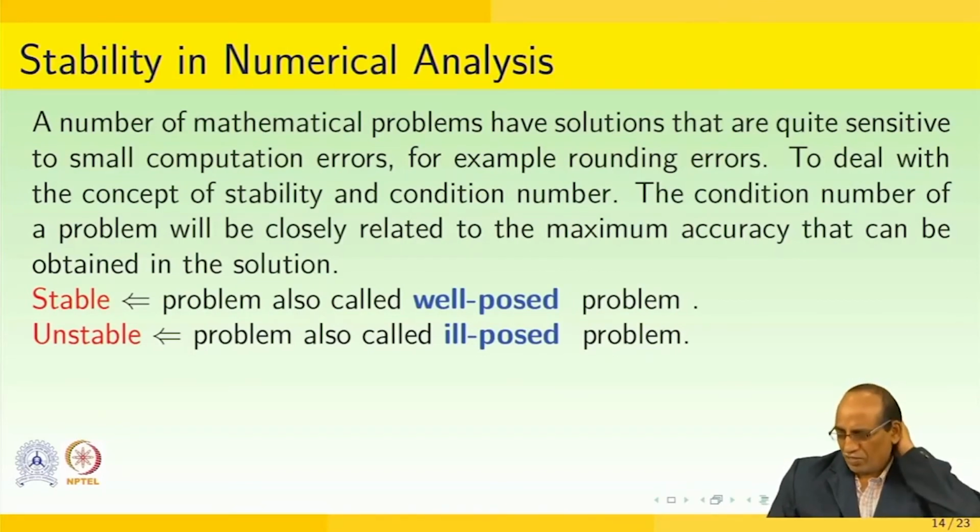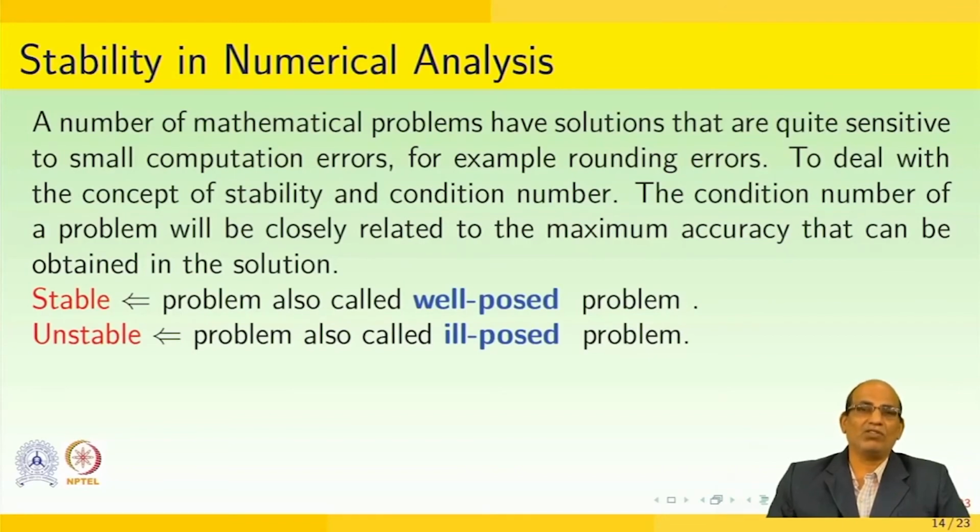One of the important issues is numerical analysis, stability analysis. A number of mathematical problems have solutions that are quite sensitive to small computation errors, for example, rounding errors. To deal with this we use the concept of stability and the condition number. The condition number of a problem is closely related to the maximum accuracy that can be obtained in the solution.